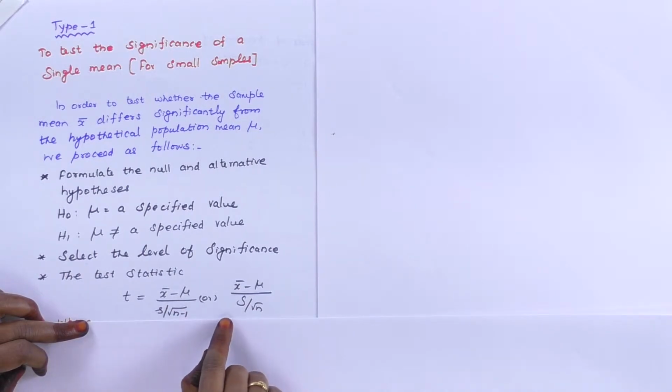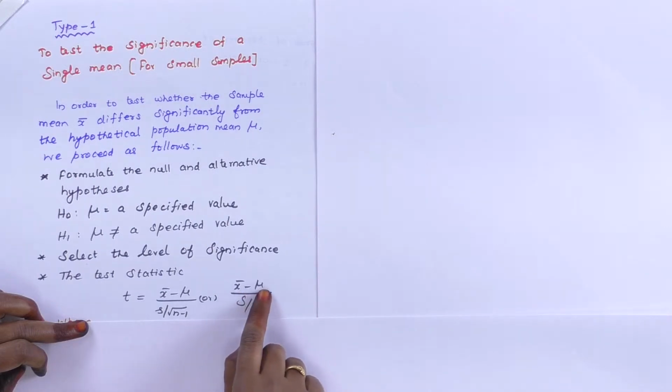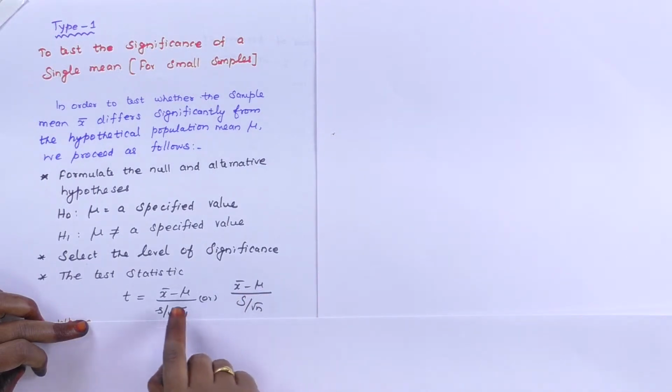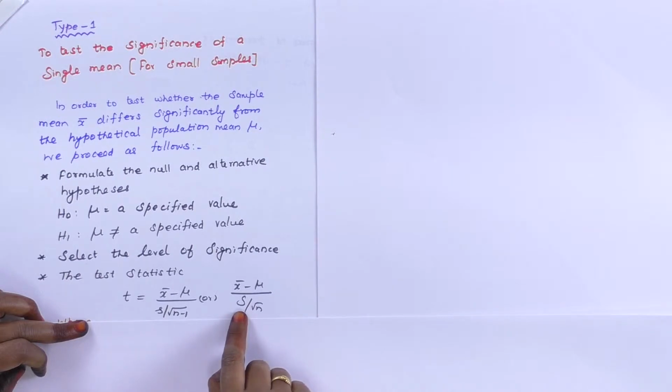If the population standard deviation is known, we use this formula: x bar minus mu divided by capital S divided by square root of n, where x bar is the sample mean, mu is the population mean, small s is the sample standard deviation, n is the sample size.